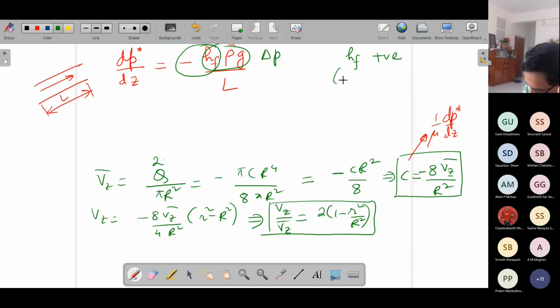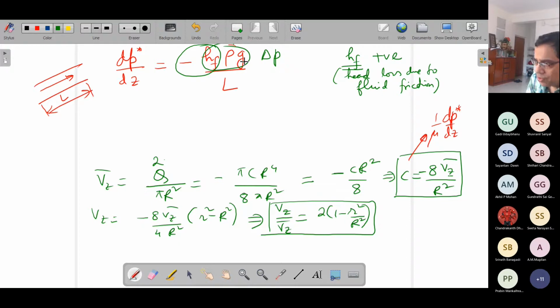So this is a head loss due to fluid friction, and it is indicative of the pumping power. If you know the value of this, then that into rho into G is the pressure difference delta P, and that pressure difference times the flow rate is related to the pumping work or pumping power. So HF is an indicator of how much the pumping power will be.